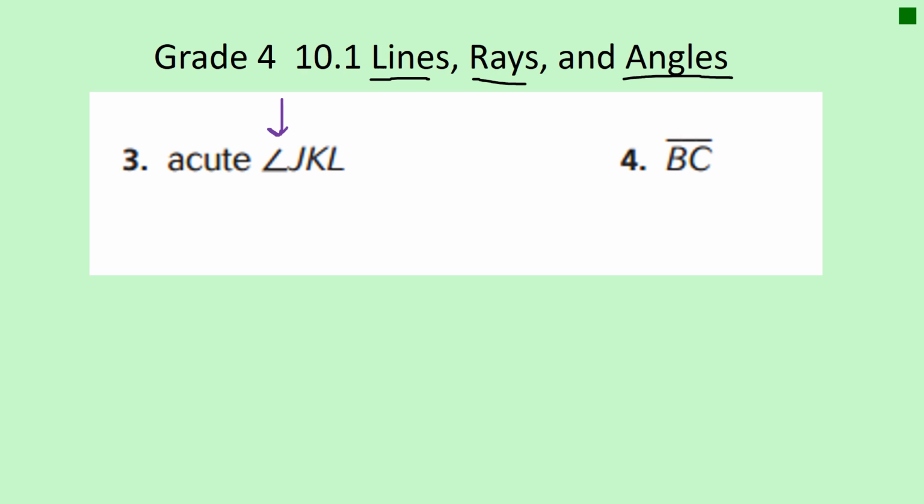So let's just look at that symbol right there. That means angle. So they want us to draw an acute angle and label it JKL. Okay? Now I'm sure your teachers have said it's a cute little angle. Acute angles are less than 90 degrees.